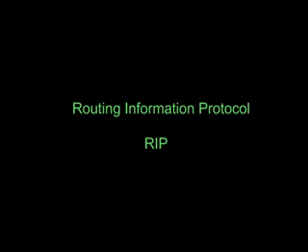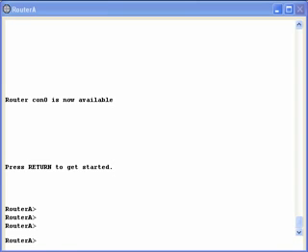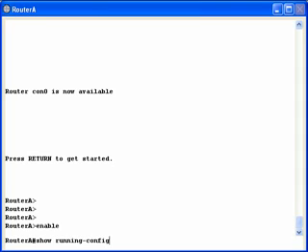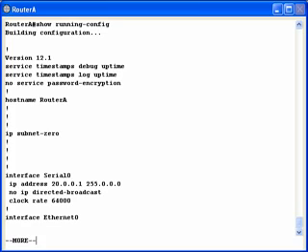Routing Information Protocol, or RIP, is one of the simplest protocols. Let's configure RIP on both the routers. Router A, enable, privileged mode. Show running config.